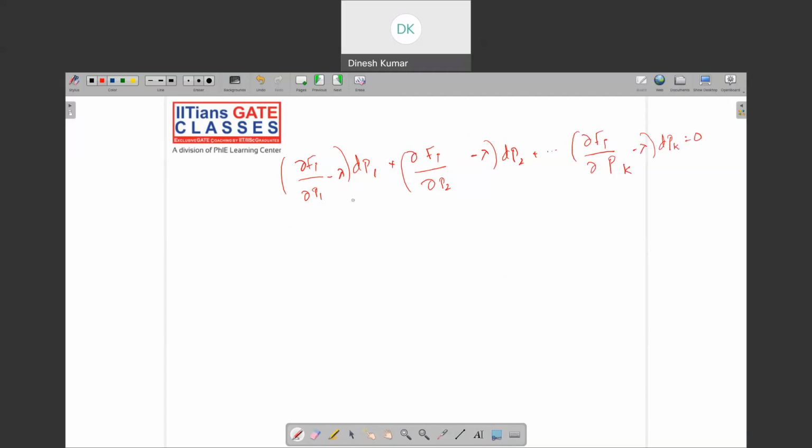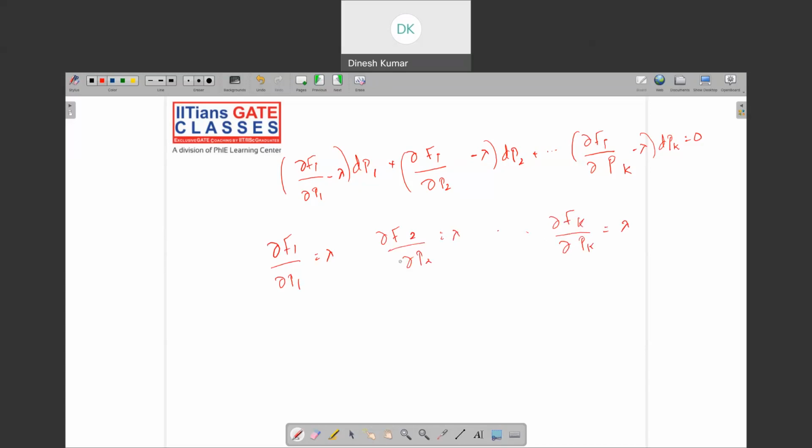So the easiest solution is that everything should be equal to 0. That is, dou F1 by dou P1 is equal to lambda, dou F2 by dou P2 is equal to lambda, and so on, up to dou Fk by dou Pk equal to some constant lambda.